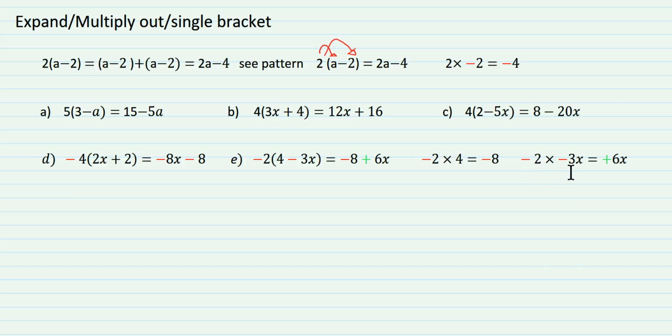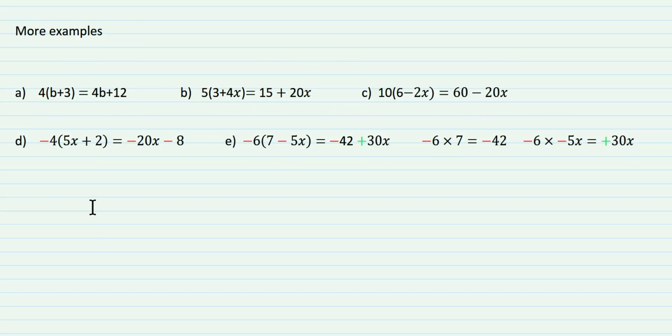The signs are the same, they're negative, so this will be 2 times 3, it'll be plus 6x. So this will be minus 8, that's where I get it, and this will be plus 6x.